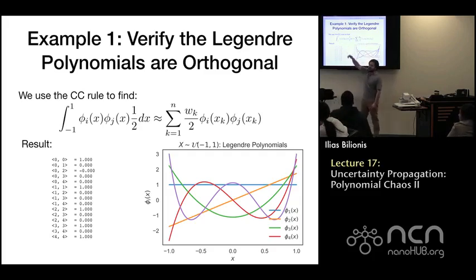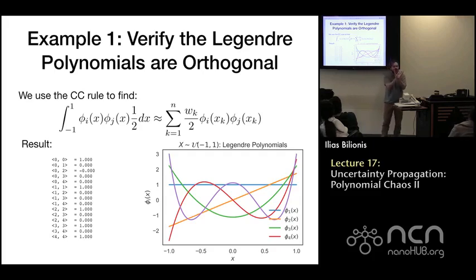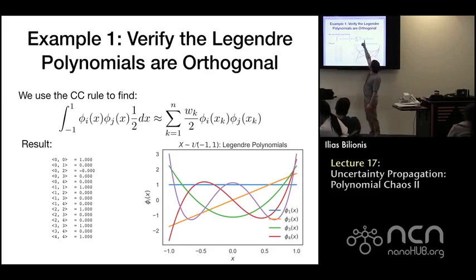Here are your w_k, but the Clenshaw-Curtis rule was developed for a weight function that was equal to 1. Okay, but here I have 1 over 2, so I have to divide by 2. That's not a big deal. And the one polynomial evaluated at the node, the other polynomial evaluated at the node, summed over all the possible nodes.